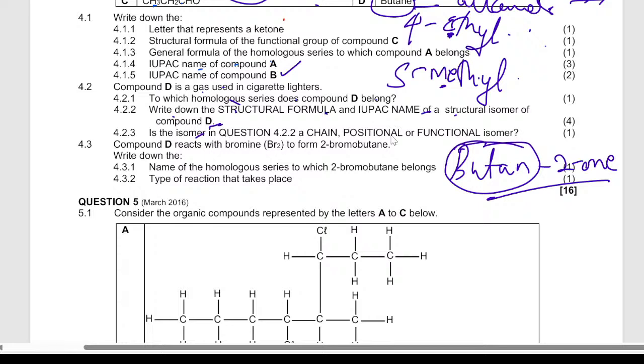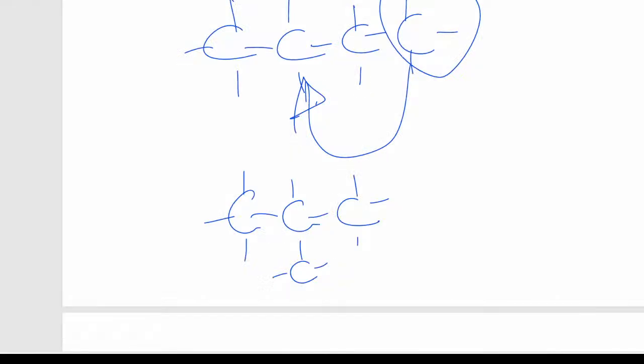They want also the IUPAC name of the isomer of D. So it's 1, 2, 3. So it's prop. No, no, no, no. Sorry, sorry.